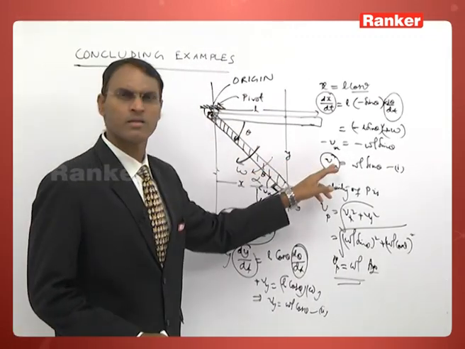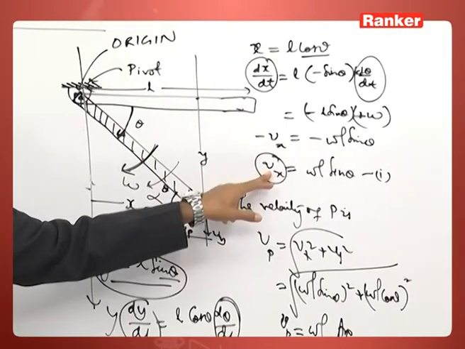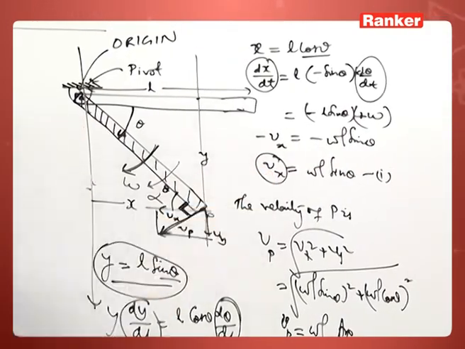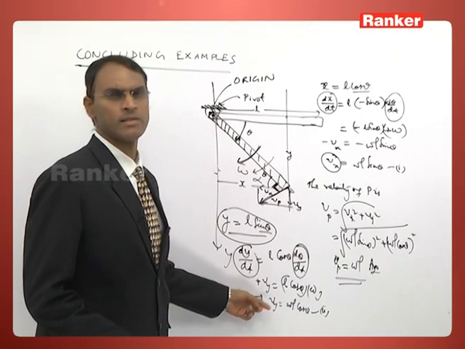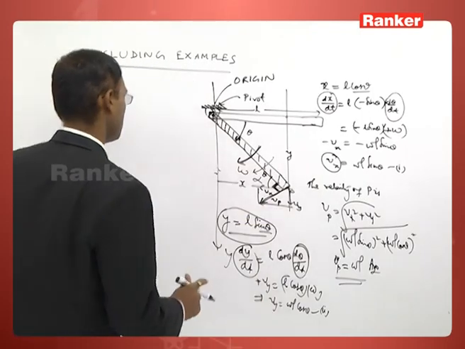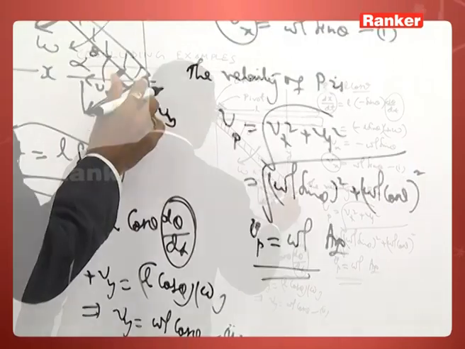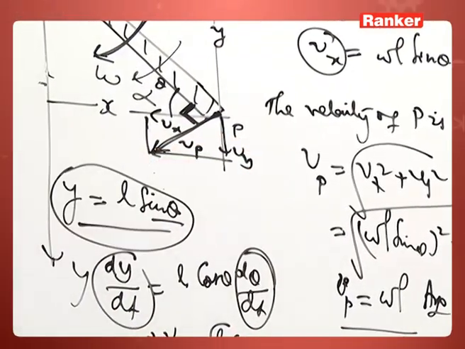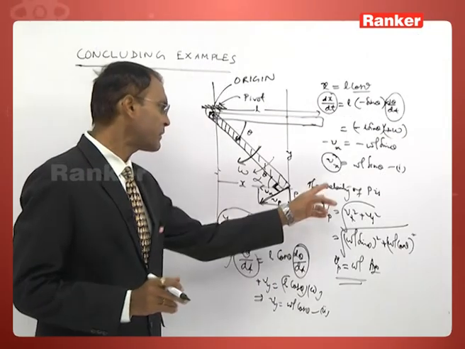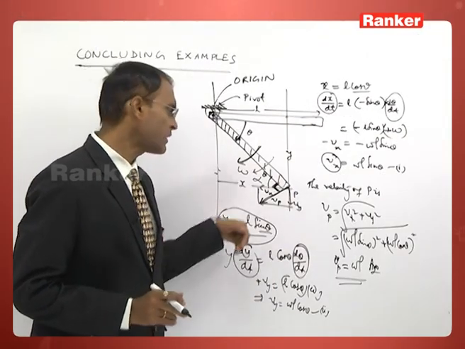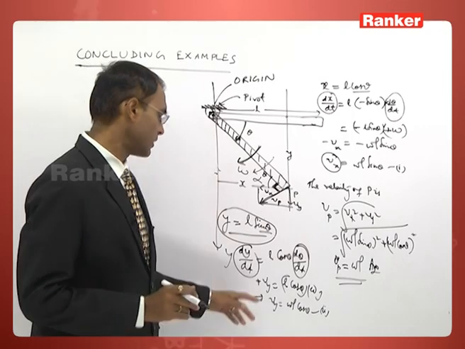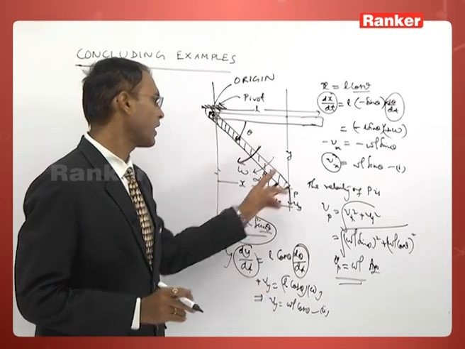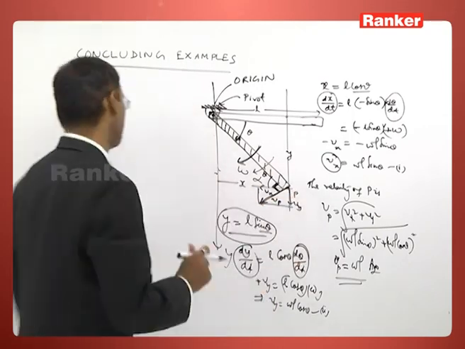Well, we got the velocity along x direction, we got the velocity along y direction of the point P. By differentiating the velocities with respect to time along the respective directions, we can get the accelerations along x and y directions respectively.